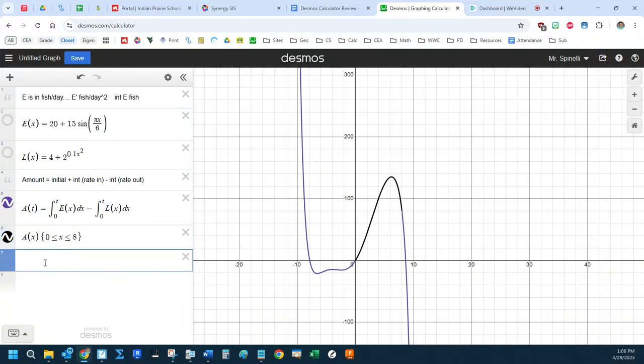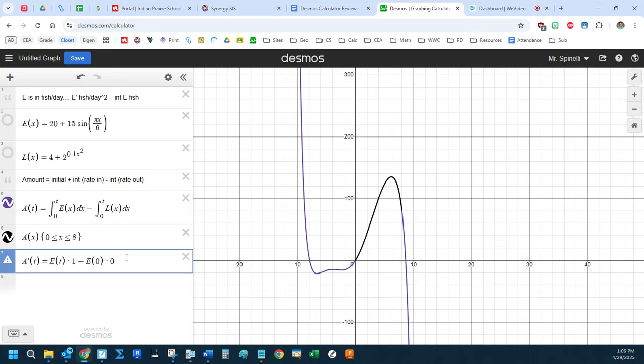What do I do if this isn't a calculator problem? Well, I take the derivative of this function. It's going to get mad at me because a prime of x is equal to something, but I'm going to write what it's actually equal to. It's equal to E, I'm going to actually write it as a function of t. So it's E of t, the upper limit right here, times the derivative of t, which is times 1, minus E of 0, that's the lower limit, times the derivative of 0, which is the derivative of constant 0.